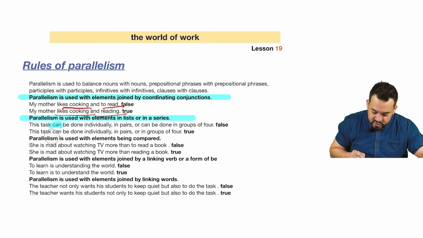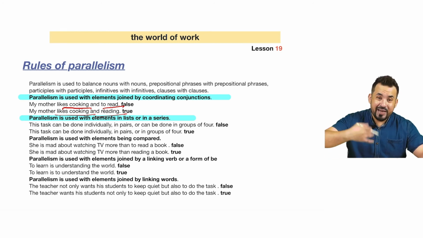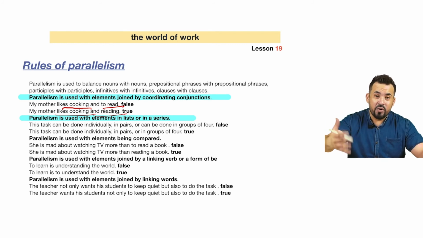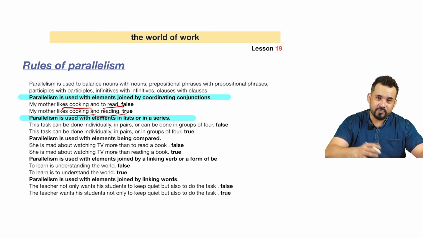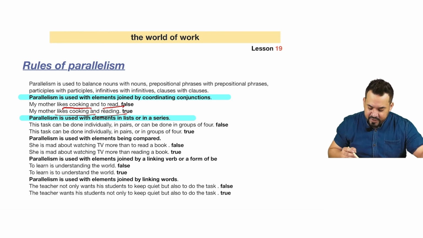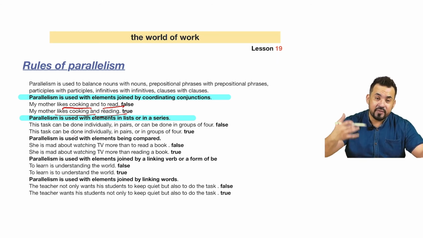Okay, let's change this. We use can at the beginning of the sentence, and then we listed the items, so we don't need to use can again unless we use can for each item, which would sound weird. So if we want to correct the sentence, we can say this task can be done individually, in pairs, or in groups of four, or we can use can with every element in the series to make it correct.